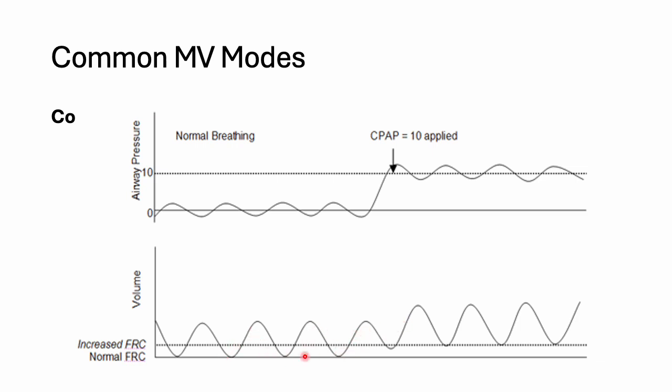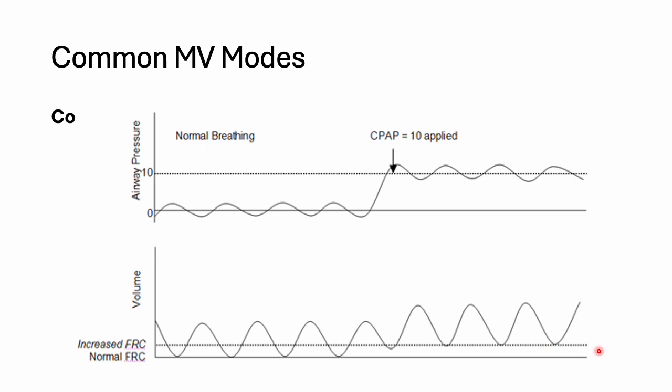When you're breathing at a 0 of airway pressure. When we increase your airway pressure to the baseline of 10, in this illustration, then now your FRC increases. Which is what I've said earlier in the first part. What does pressure do? The pressure actually increases FRC.